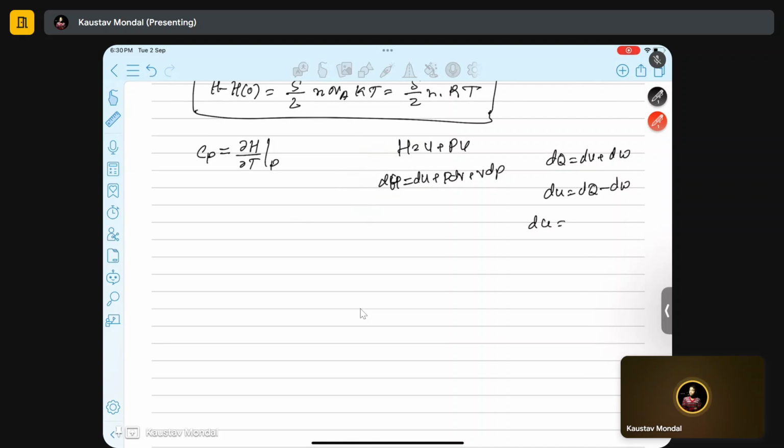So dU equal to dQ, which is TdS, minus PdV, plus VdP, minus PdV.